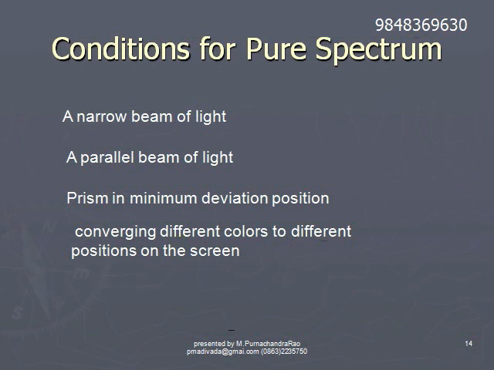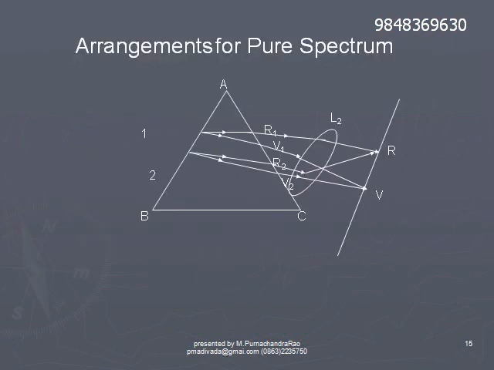So these are the conditions: a narrow beam of light, a parallel beam of light, prism in minimum deviation position, and a converging lens which focuses the emerging rays.